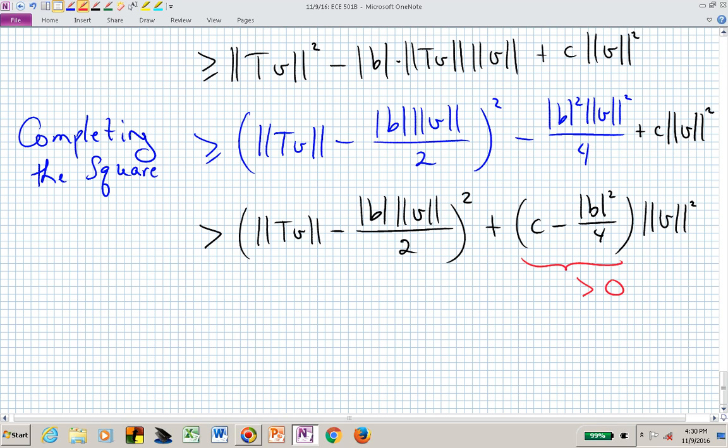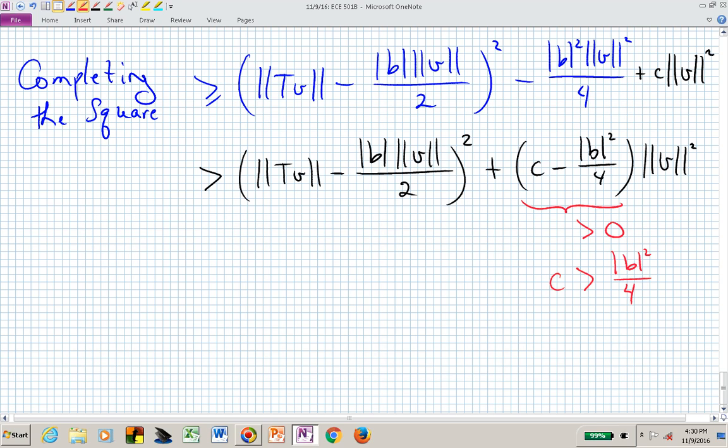And if I ensure that c minus b squared over 4 is positive, then I'm saying that c is greater than the absolute value of b squared over 4, or I can now say that the absolute value of b squared is less than 4c. But since b is real, if I square b, I can just throw away that absolute value sign.